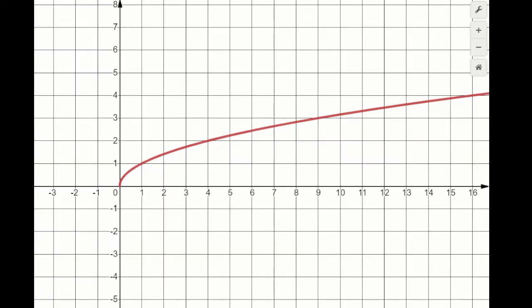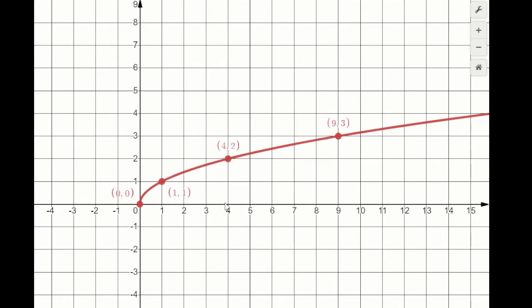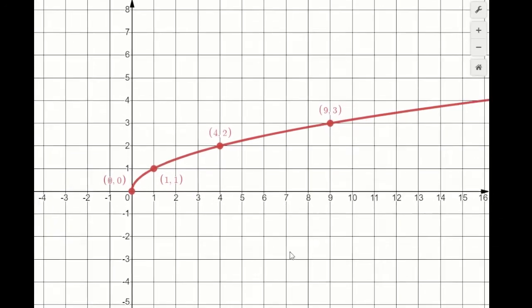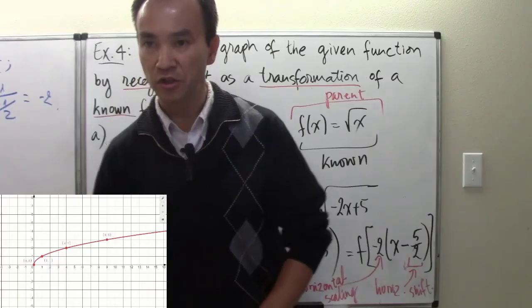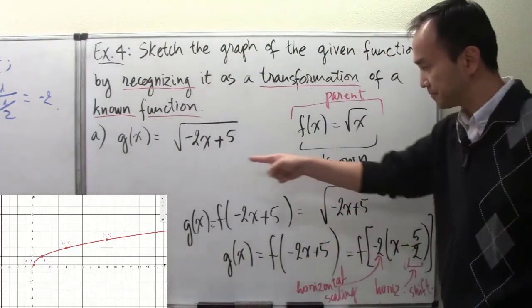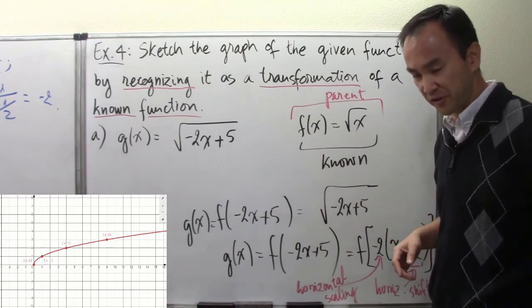It famously has a few guiding points here. I can also put numerical labels on that. We've learned this from the toolkit functions.